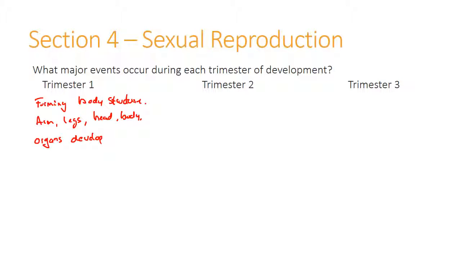Trimester 2 is going to be a lot more rapid development. We're going to start to see fingers and toes form. Size is going to increase considerably. I think by the end of the stage, you should be 12 inches long, roundabouts.